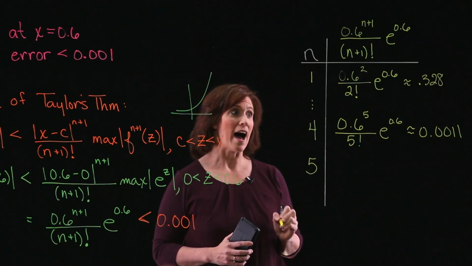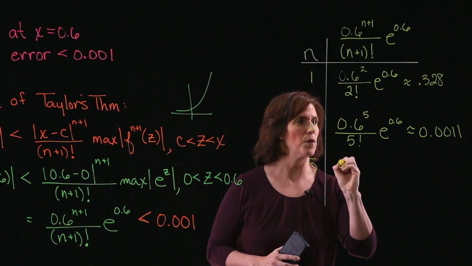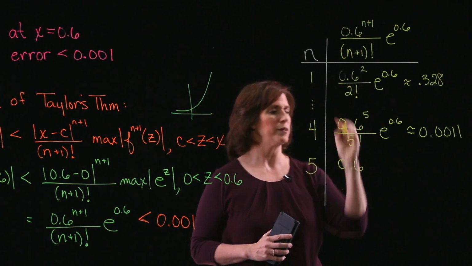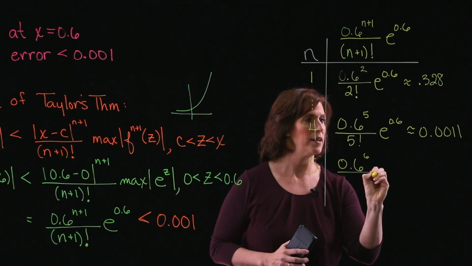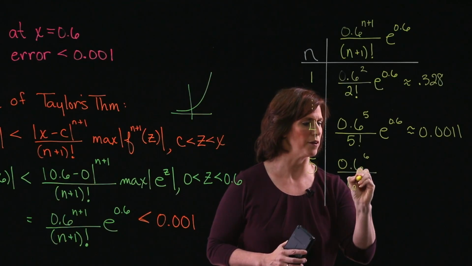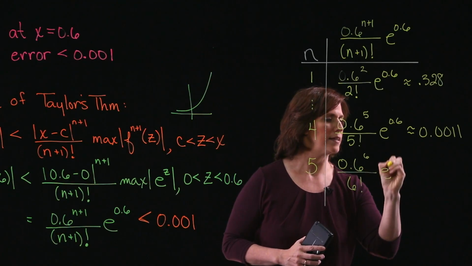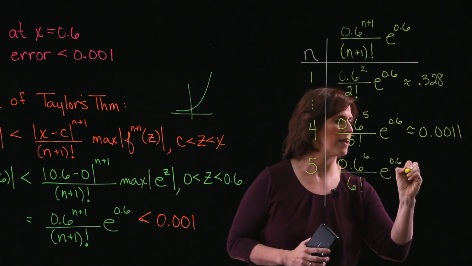So let me try one more time. Let's let n equal 5. So I'll have 0.6 raised to the n plus 1, so that's the 6th power, divided by 6 factorial times e to the 0.6.